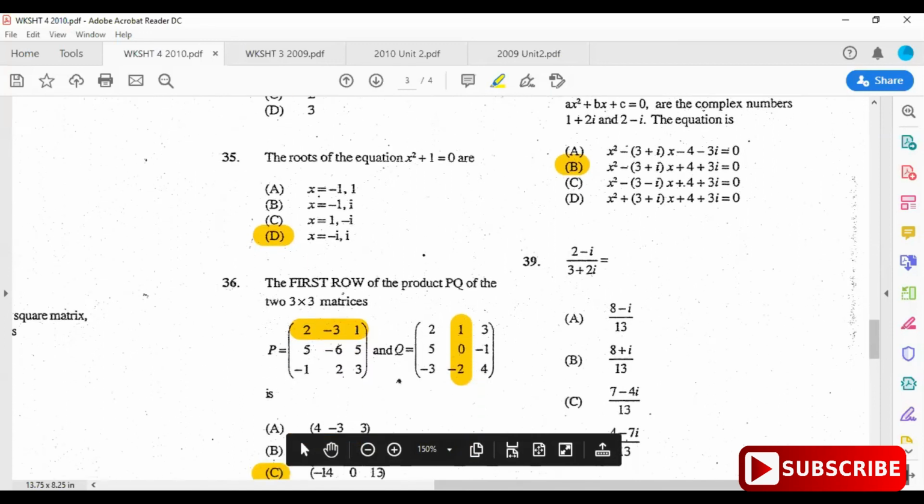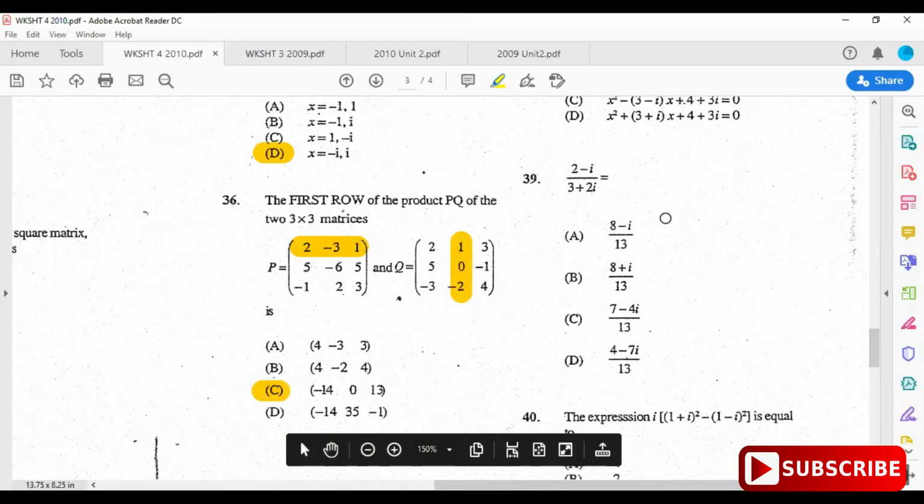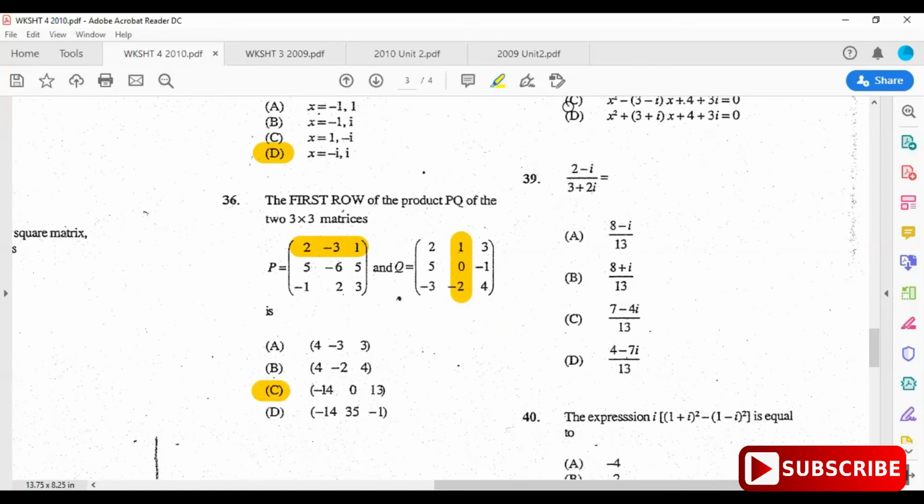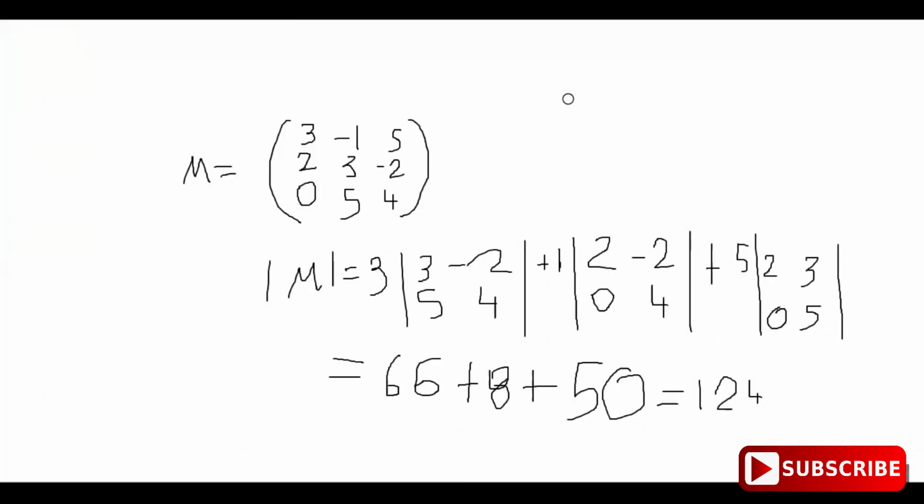This question now we're rationalizing the denominator, so multiplying by 3 minus 2i. So let's do that.